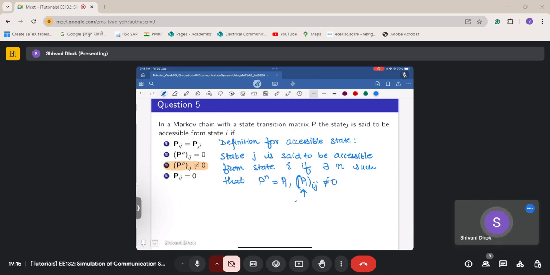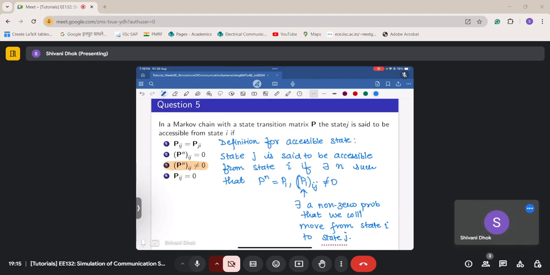So it says that there exists a non-zero probability that we will move from state I to state J.